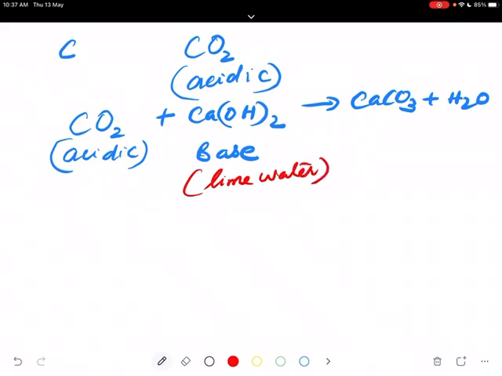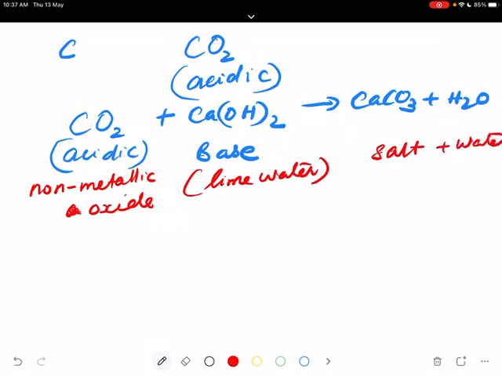So carbon dioxide is a non-metallic oxide. When reacted with base, we are getting salt and water. Means acid plus base gives salt and water. So reaction of a non-metallic oxide with base, what happened?